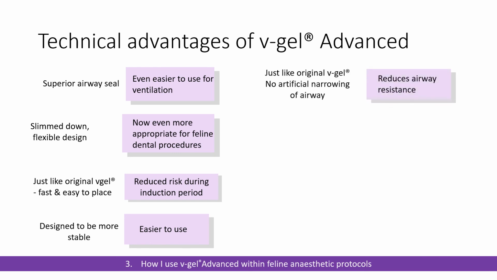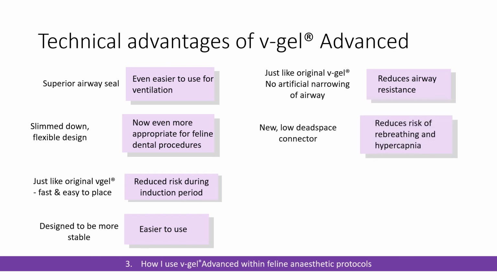Just like the original V-Gel, we've got that nice wide airway channel, but we're protecting the patients against the effects of dead space, particularly the smaller cats. And we've got this new single-use design, so it makes it cheaper to hold a larger range of devices and also protects your patients against the risk of cross-infection.